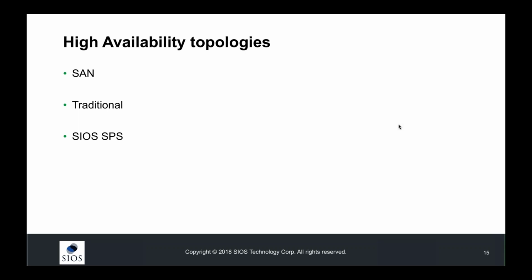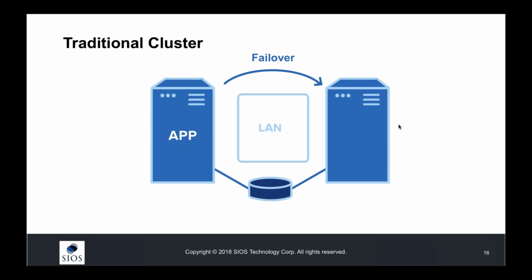So high availability topologies, we'll touch on this and shift into what is available for HA. As I mentioned before, the Always On availability groups do not support the replication feature. So that brings us into, okay, how do we get a cluster out there to protect SQL?